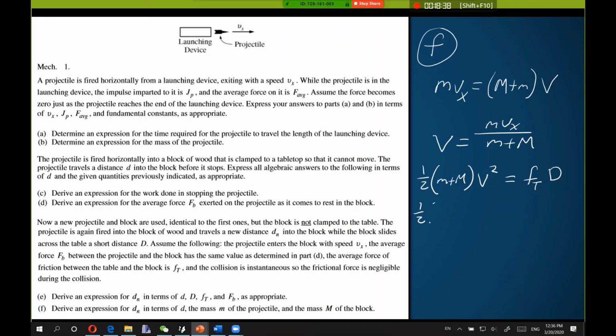So this is 1/2 (m plus capital M) times (m v_x over m plus M) squared. Okay, so one of these (m plus M)'s will cancel, and I'll be left with m squared v_x squared over 2 times (m plus capital M).